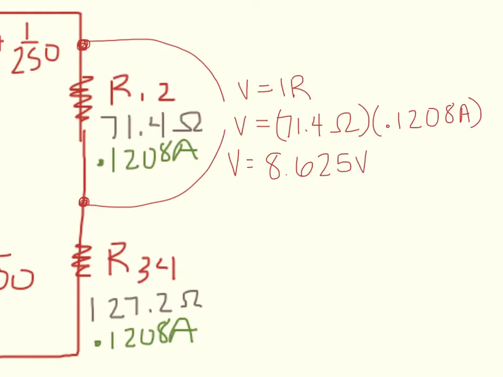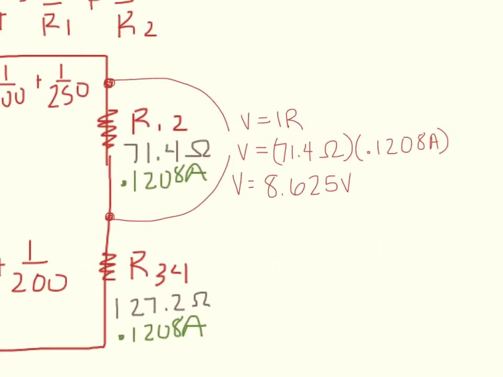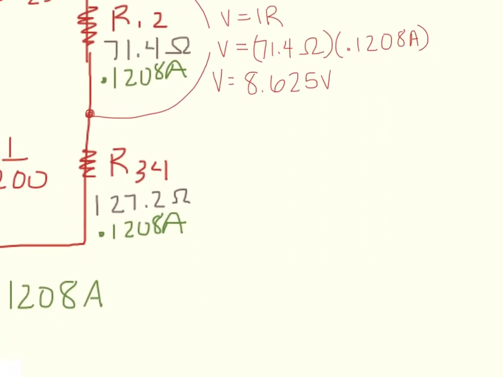8.625 volts. We can do the same thing for resistor number 3, 4. So we would be trying to solve for the total voltage drop from here to here. We would say V equals IR.